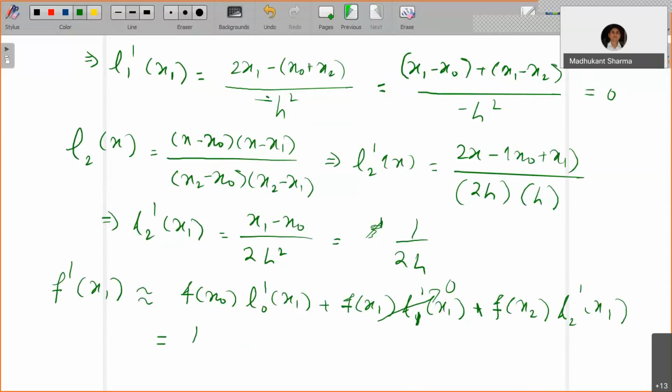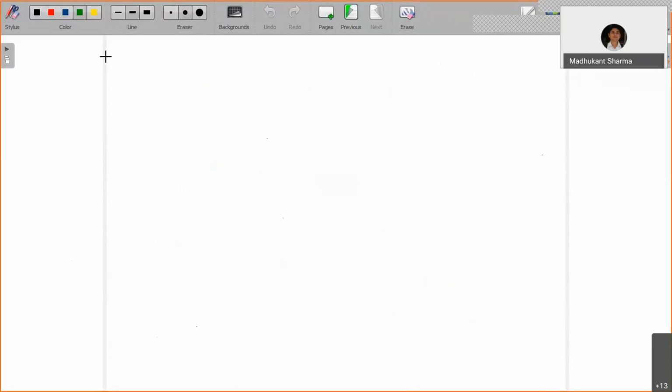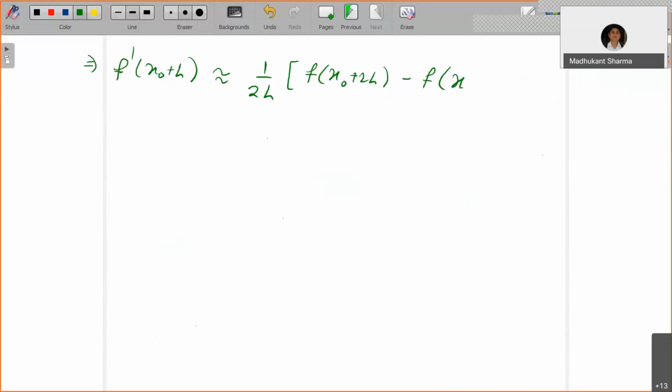So what is there is 1 by 2h times f of x2 minus f of x0. So if I want to write in terms of x0 only, this implies f dash at x0 plus h can be approximated by 1 by 2h times f of x0 plus 2h minus f at x0.